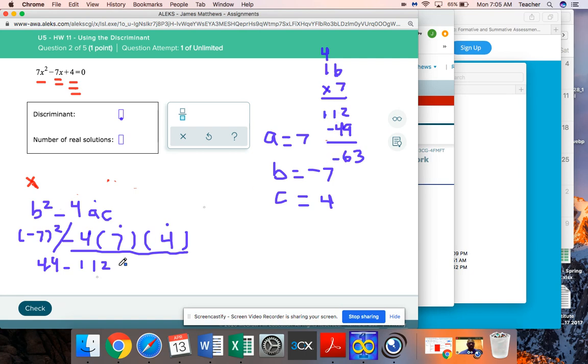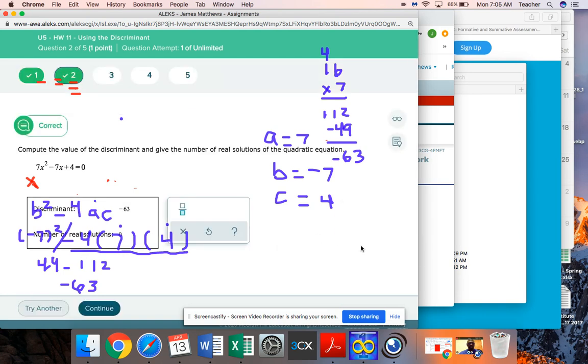So -63. All right. Now, if you didn't really follow how I did that, just do it your way. I'm just really going through and simplifying that. I know you know how to do it. I just wanted to do it on the screen here. All right. Given that said, I have a discriminant of -63. And if I have a negative discriminant, that means that I have 0 real solutions. Let me check that. We're good. And we're done.